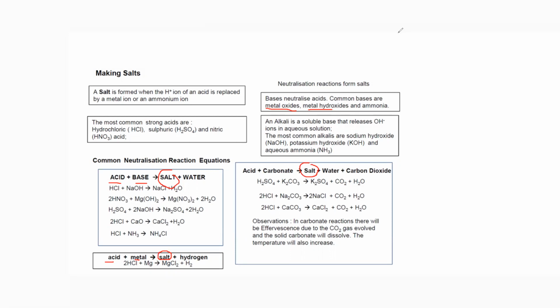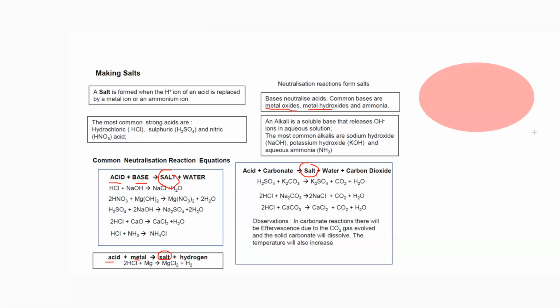For example, calcium hydroxide is partially soluble. So calcium hydroxide is a base, but we don't say it is an alkali. Why don't we say it's an alkali? Because it is only partially soluble.